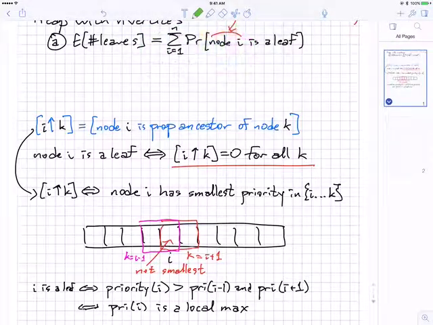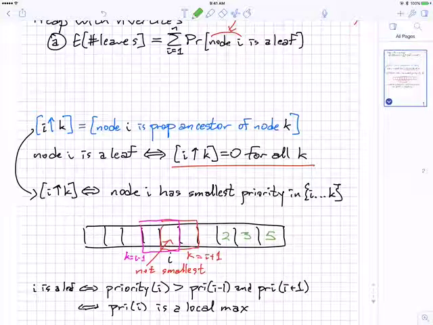So, for example, if the priorities looked like this, in those last three nodes, 2, 3, and 5, well, now I look at this box 3, 5. 3 is the smallest priority in that box, and therefore I know that this node on the left is an ancestor of this node on the right, and therefore I know that this node on the left is not a leaf, because it's the proper ancestor of something.